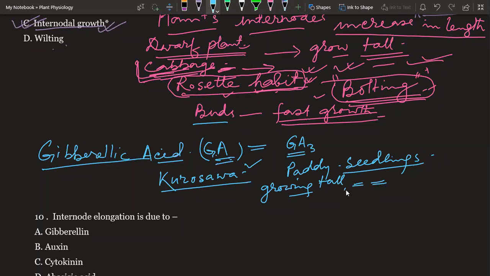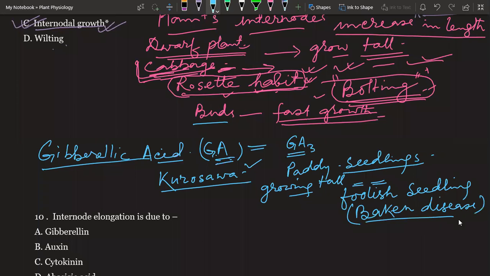So they were called foolish seedlings, or this is also known as Bakanae disease.